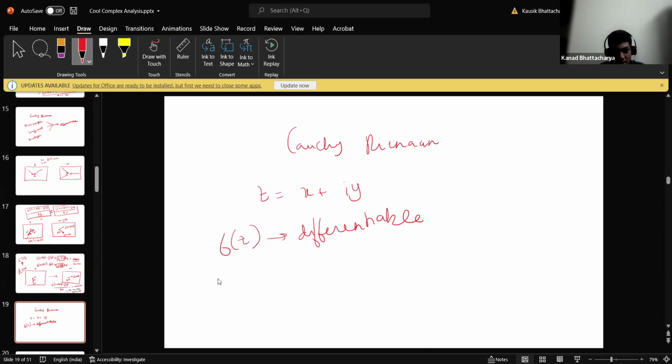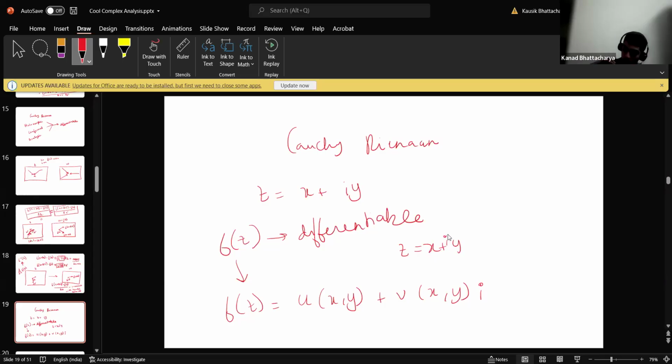Now we decompose f(z) into f(z) = u(x,y) + v(x,y)i. So I'm decomposing the function into its real and imaginary parts, and the variable z itself into its real and imaginary parts.